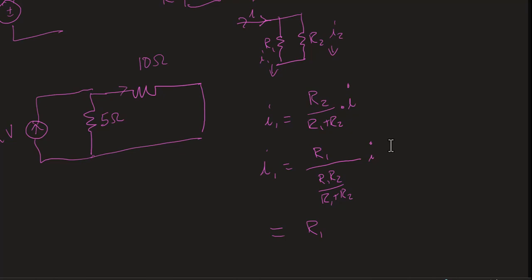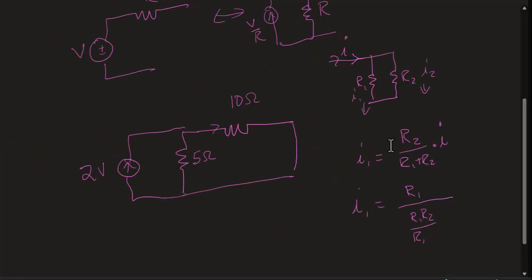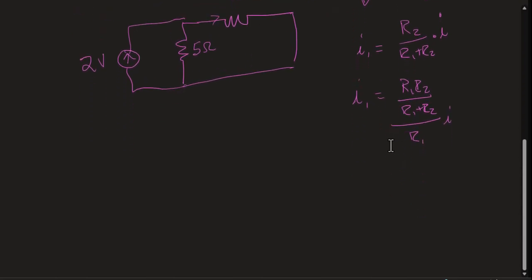You must do it the other way around. You must do the equivalent resistance, product over sum, over the resistor that you're going through, and you can see that that simplifies to the same thing, R2 over R1 plus R2 times I. Okay, so that is current division.